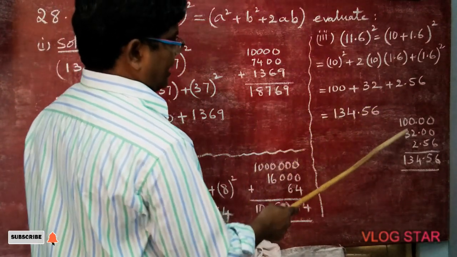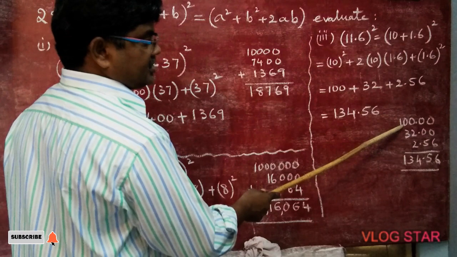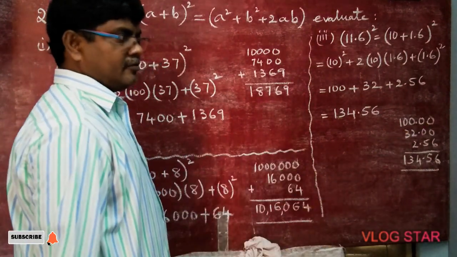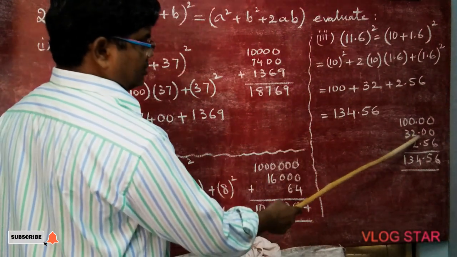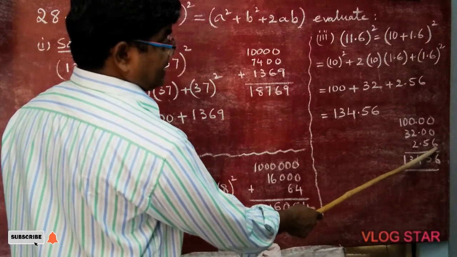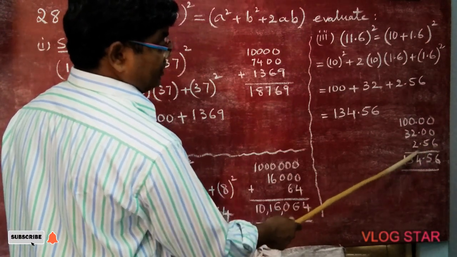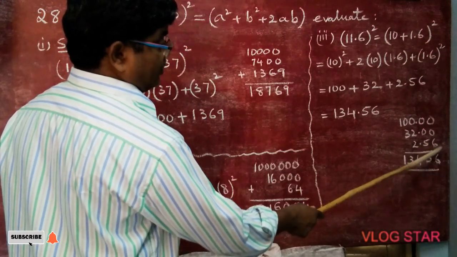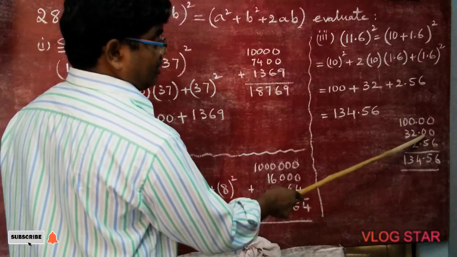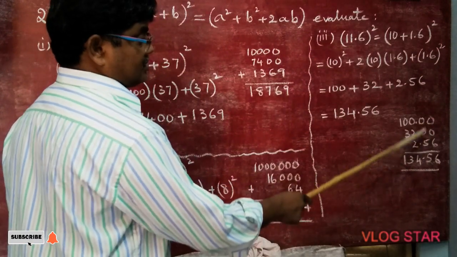Add 100. In which style I am writing, all of you see: 100.00, you write. Why I tell you: 32 also, 32.00. 2.56 you have to read in this style. After the decimal, you have to read only digits. Here we have 2 digits after the decimal, so here also you fill the gap with zeros.